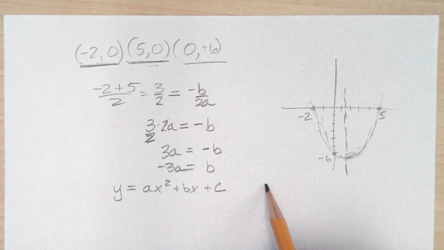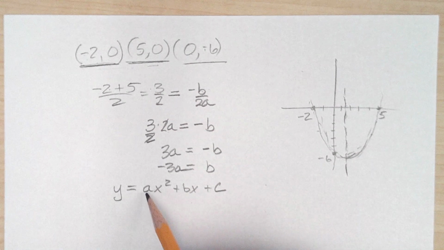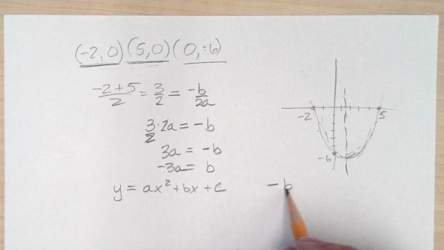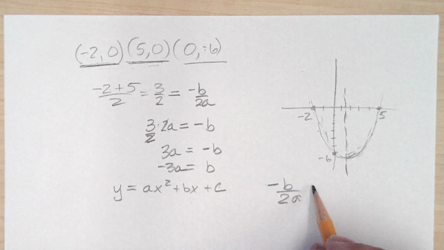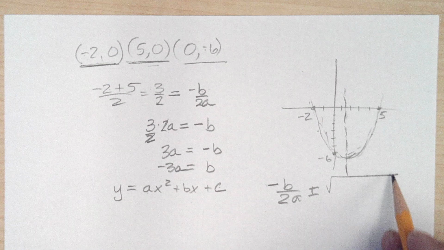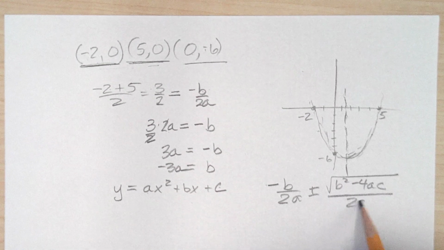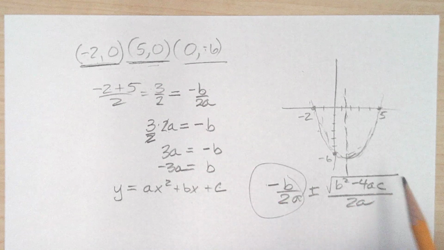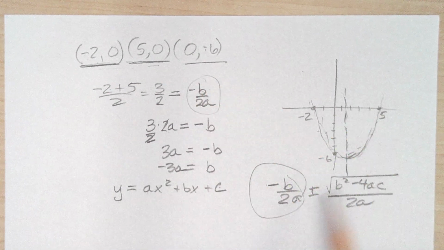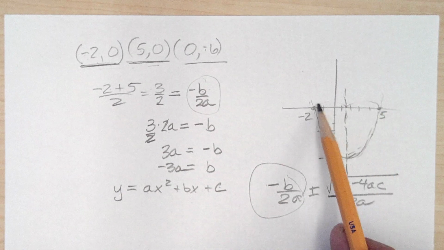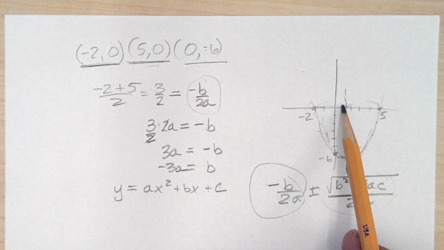The quadratic formula uses a, b, and c: minus b over 2a plus or minus the square root of b squared minus 4ac over 2a. This is the center line, and this takes you from the center line to the x-intercepts, so this represents these distances.